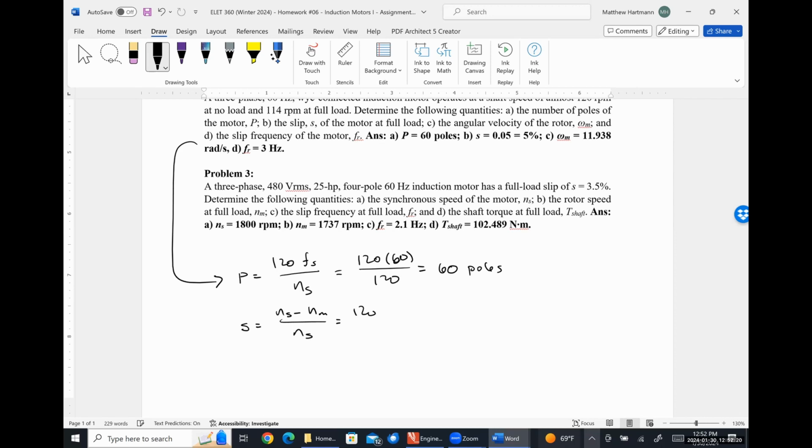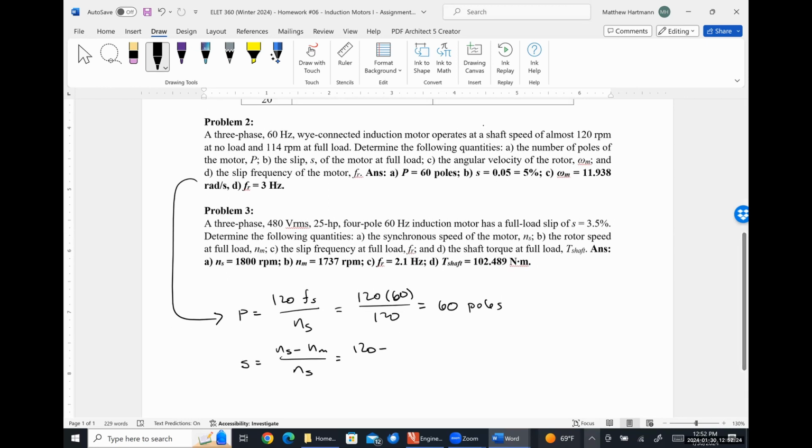So that should be 120 minus 114 over 120, which is 1/20th or 0.05, which is the same thing as 5%. Easy enough.